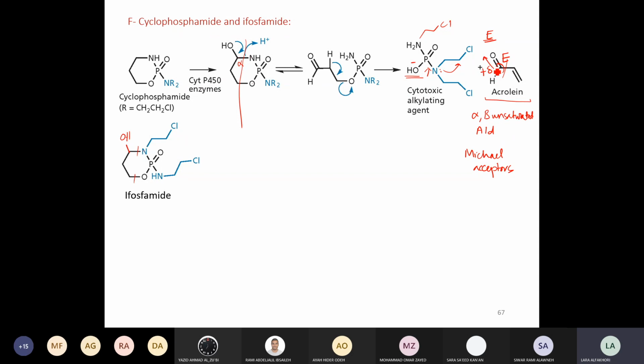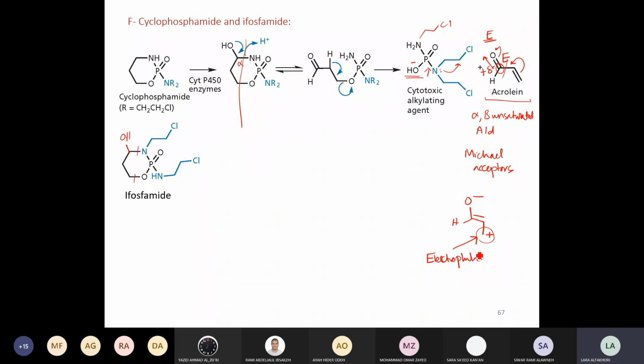But if I want to draw a resonance structure for this compound, I can draw this structure where you would have a full positive charge on this carbon. Actually, that carbon, which is highly electron deficient due to resonance with the oxygen, is considered electrophilic.